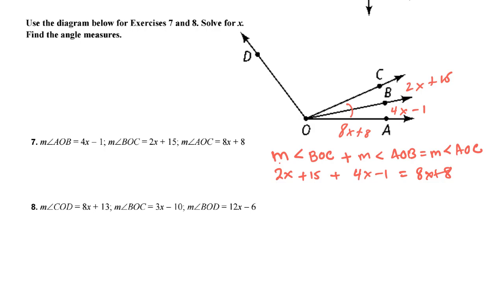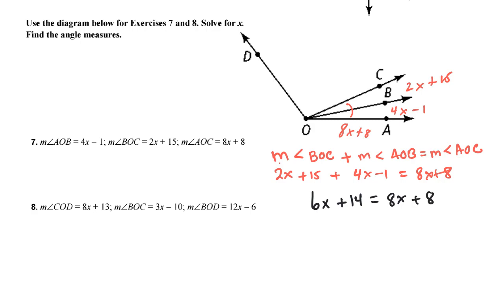So you're going to look at the left side of the equation. You have 2x plus 15 plus 4x minus 1, and you're going to combine like terms. So 2x plus 4x gives you 6x. 15 plus negative 1 gives you plus 14, equals 8x plus 8.